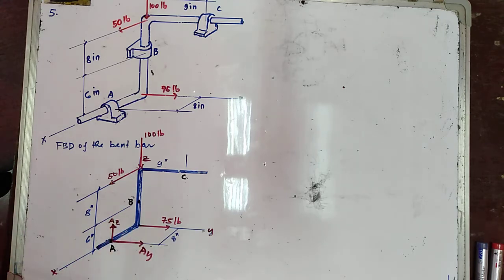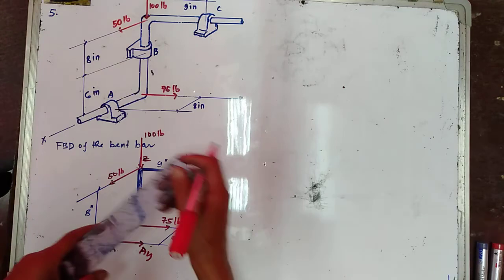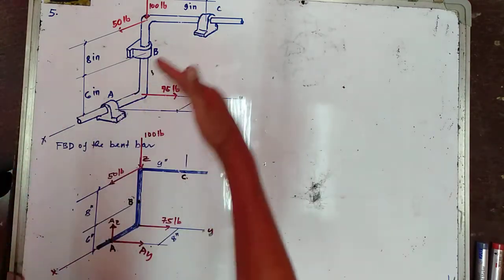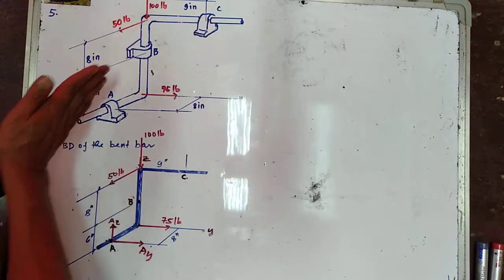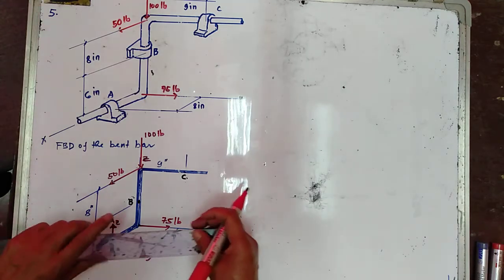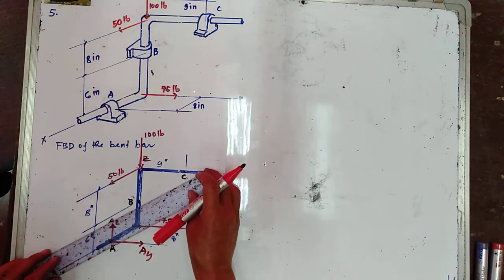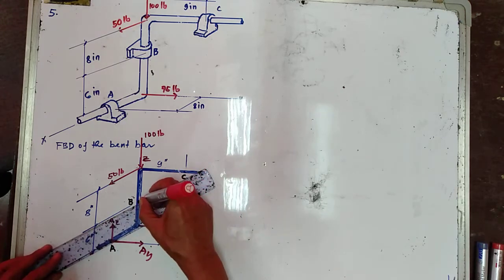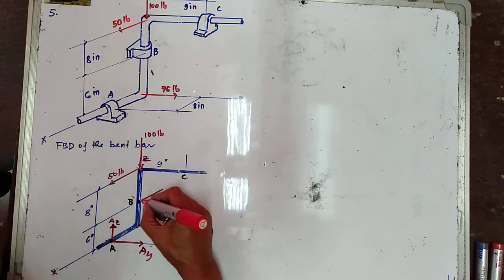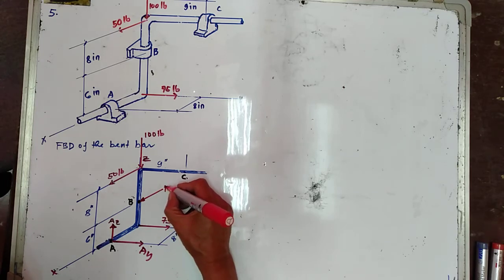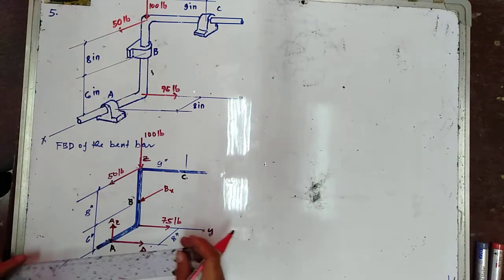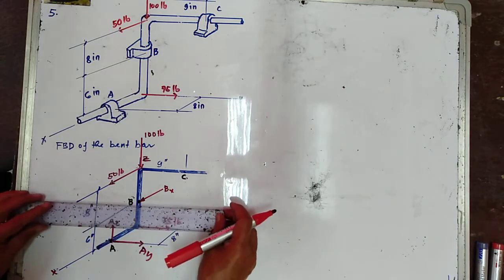Now we have at support B, so it is in the direction of the Y and in the direction of the X. So we have your BX and your BY.